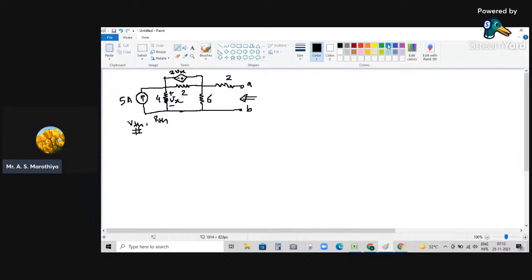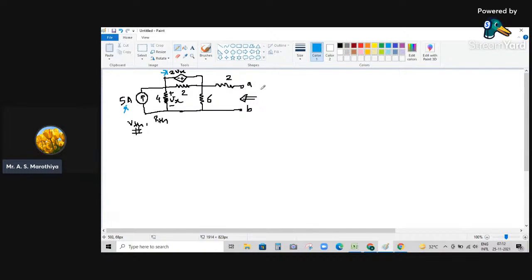In order to find the value of this VTH, first of all we need to assume some value of current which is supposed to be flowing in this particular circuit because of the sources connected in the circuit. So let us try to assume some value of current in the circuit.